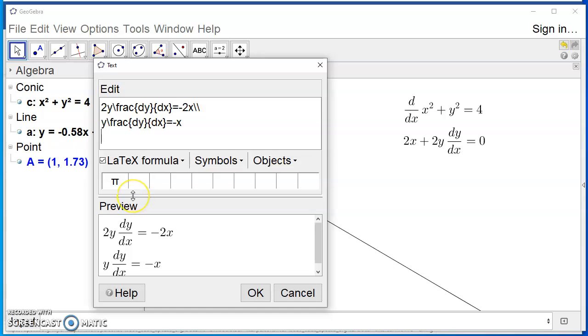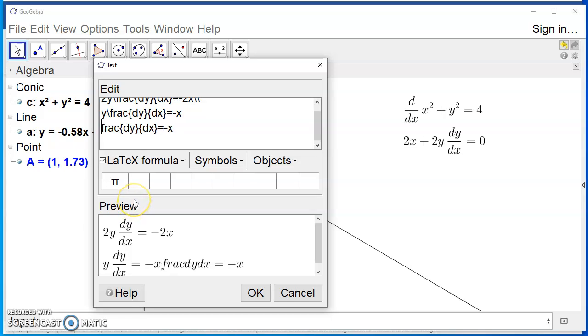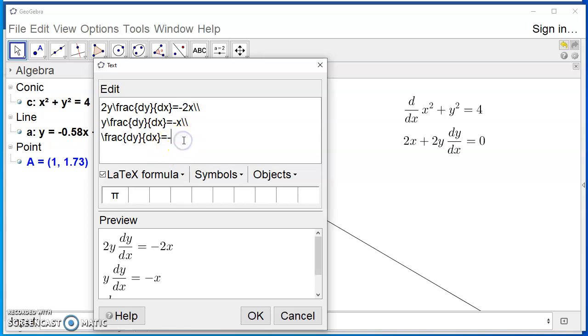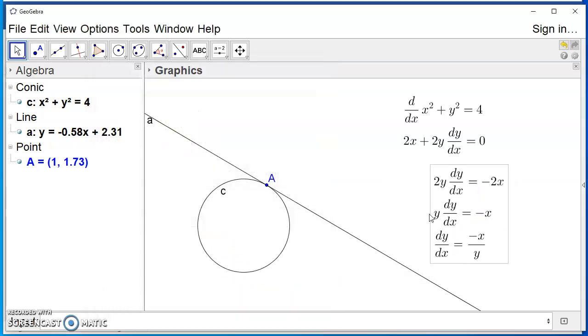And then we get the idea that dy/dx is simply equal to negative x over y. Sorry, I've just got to type it like this so it shows up properly, right? So we've isolated dy/dx. It's negative x over y.